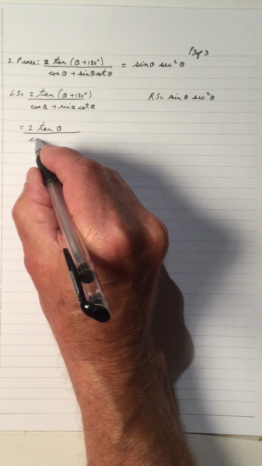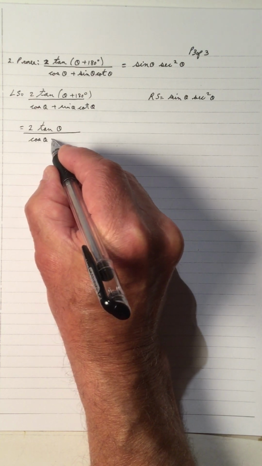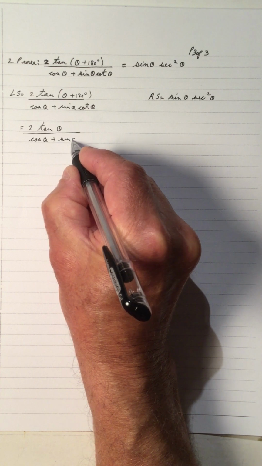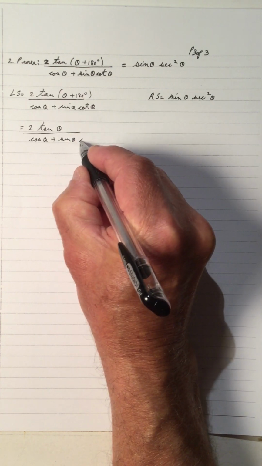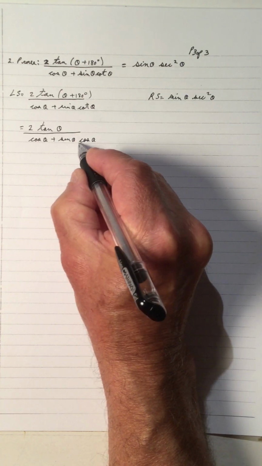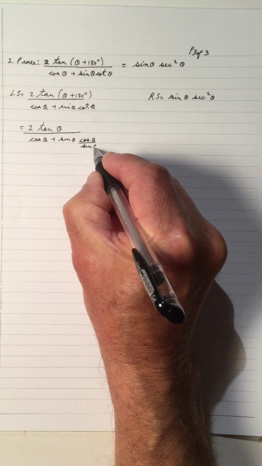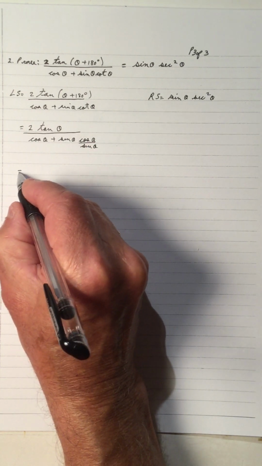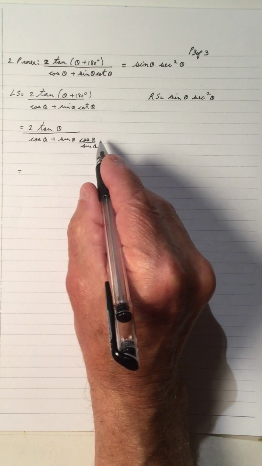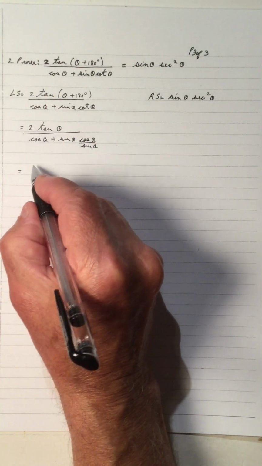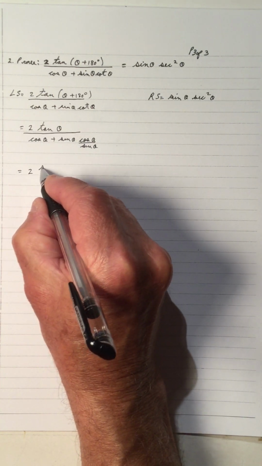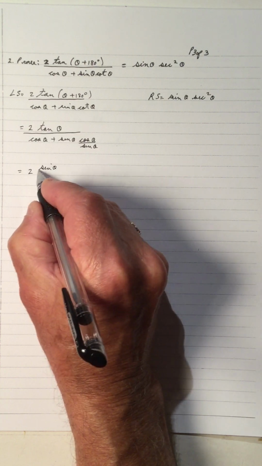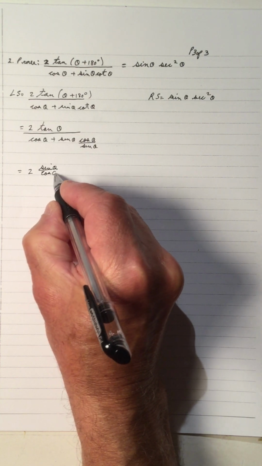Okay, and we have cos theta, sine theta, and cot is cos theta over sine theta. So that's done.